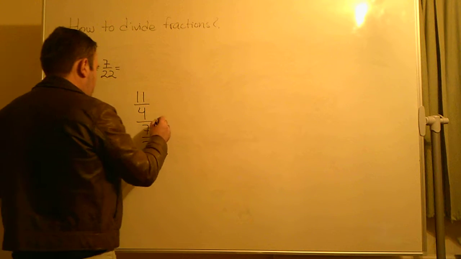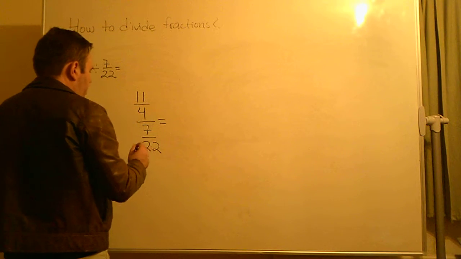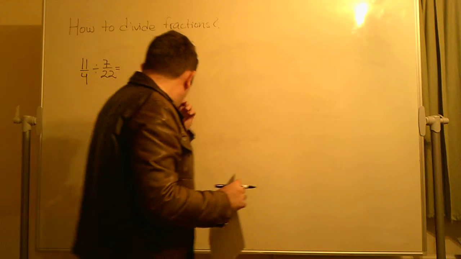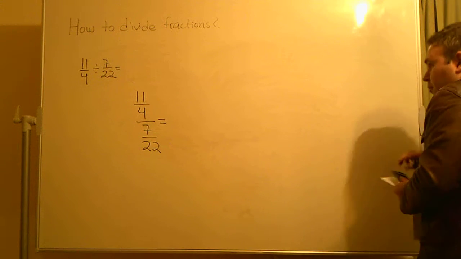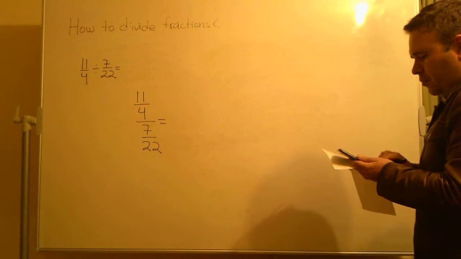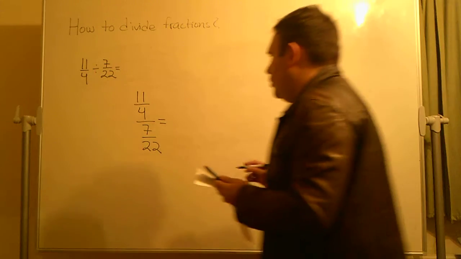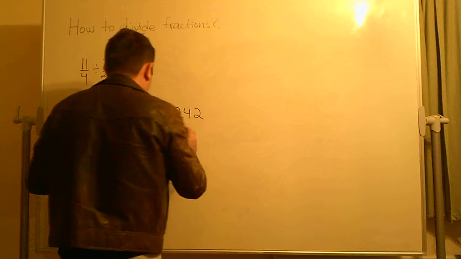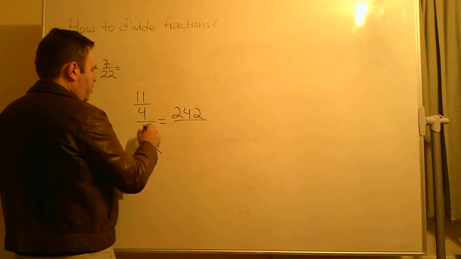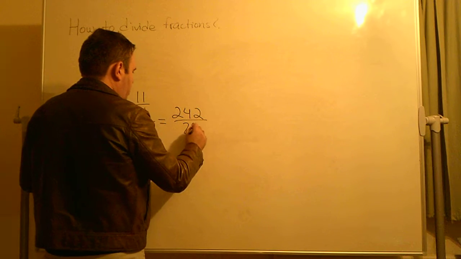Okay, so this will be 22 times 11, which would be 242, divided by 4 times 7, which would be 28.